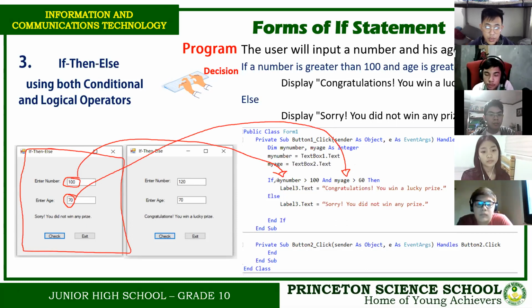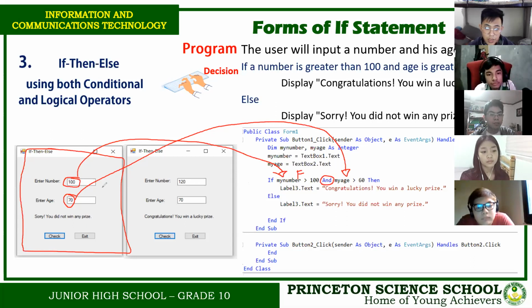Is my number greater than 100? The input here is 100 and that is going to be false. So already we have a false statement, and then we have an AND logical operator.